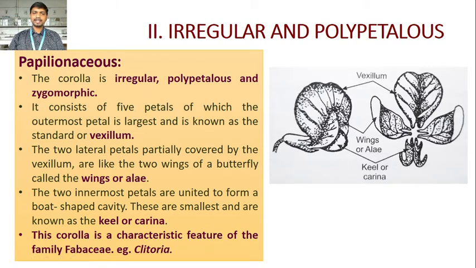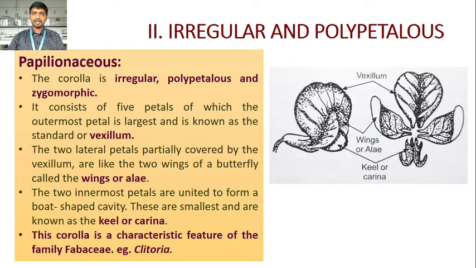These are smallest and are known as keel. This is the irregular and polypetalous corolla. It is known as papilionaceous corolla. This corolla is irregular, polypetalous and zygomorphic.